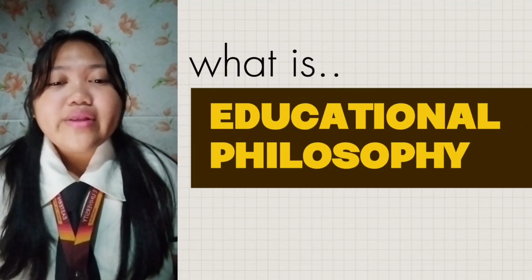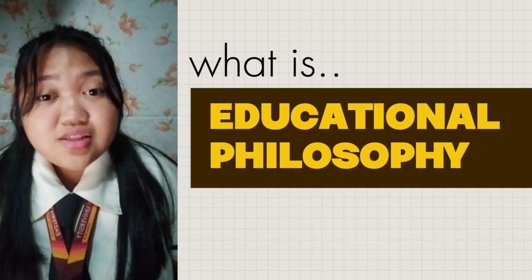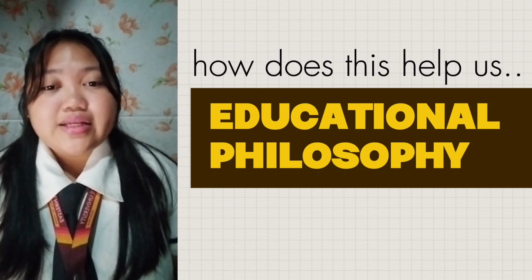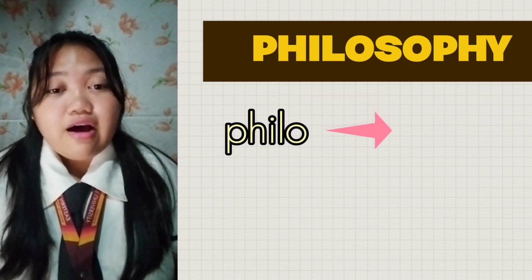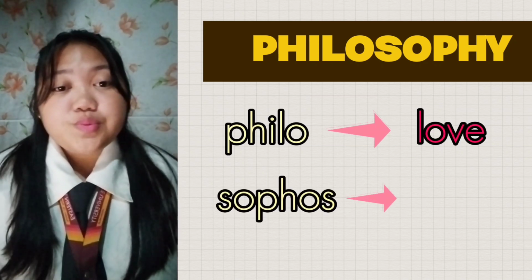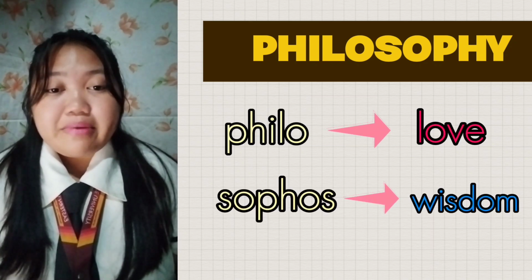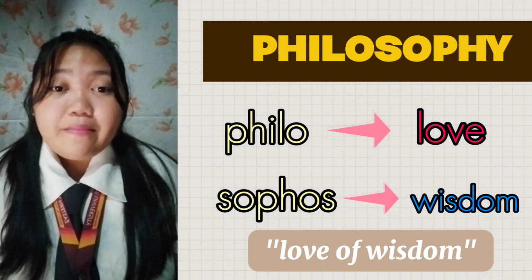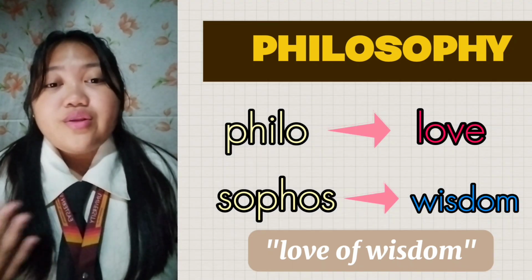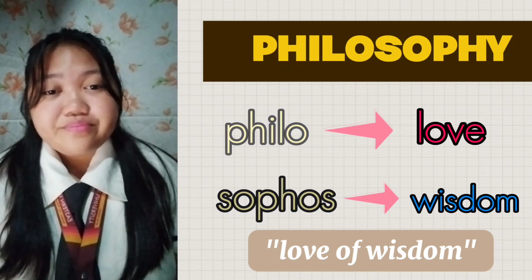But first, what exactly is educational philosophy? And how does it help us become better teachers? The word philosophy comes from the Greek words philo, meaning love, and sophos, meaning wisdom, which literally means love of wisdom. It is the pursuit of fundamental truths about ourselves, the world, and how we should live.